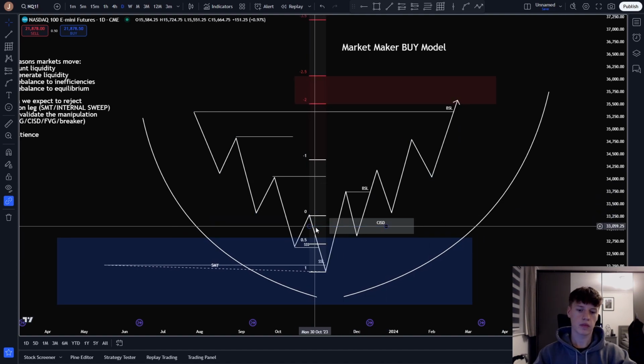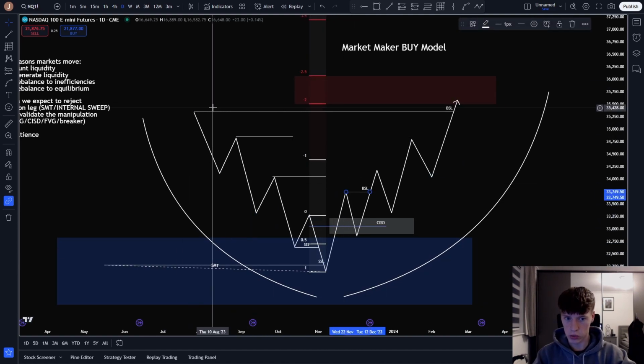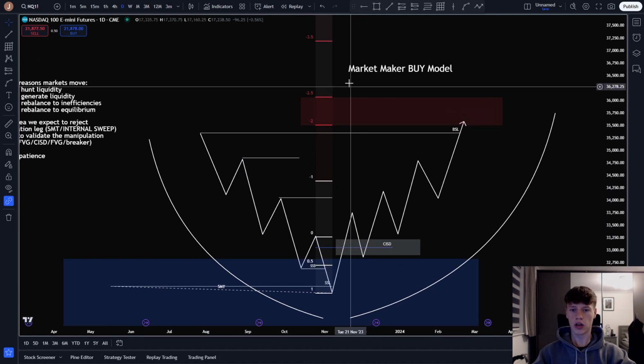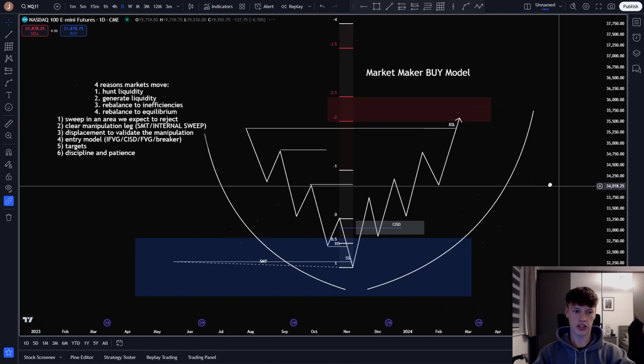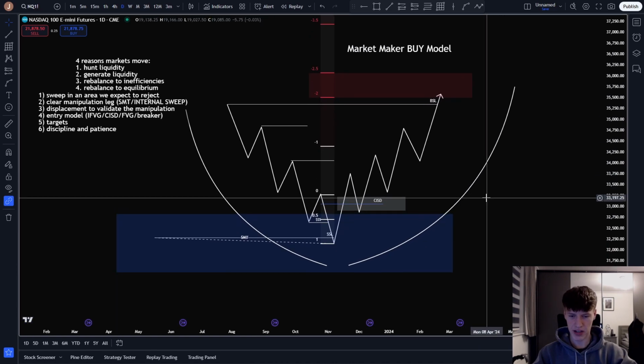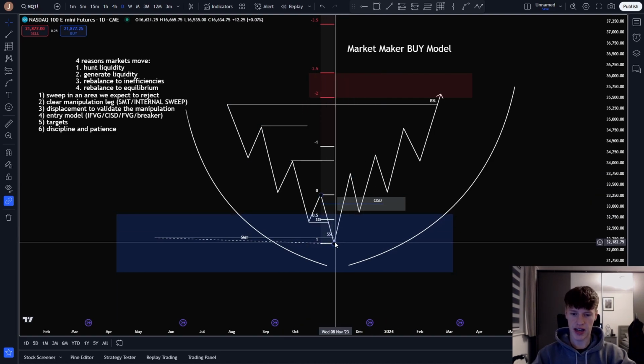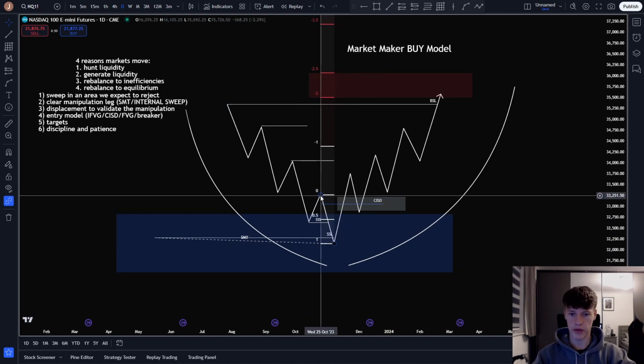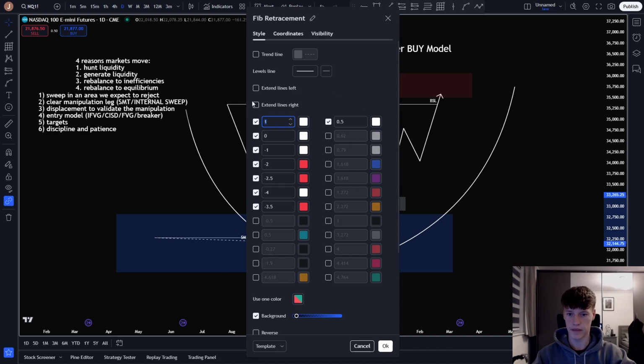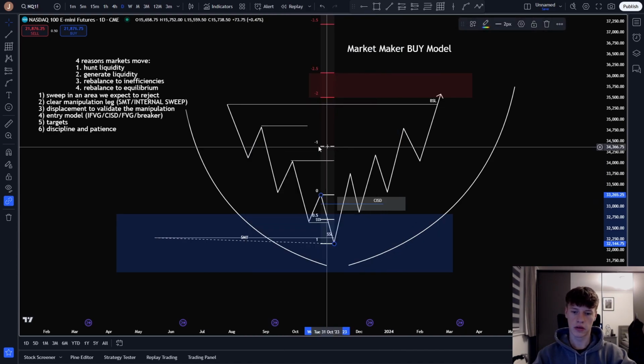Equally, you can also target the external buy-side liquidity level or this standard deviation projection, which is you measure the manipulation leg from the low to the high using your fib tool, and the fib settings are right here. Pause and copy them down.